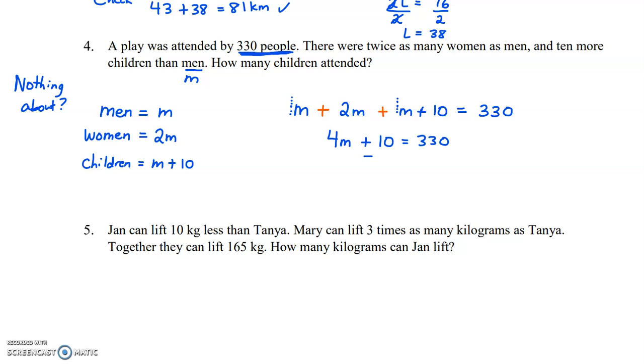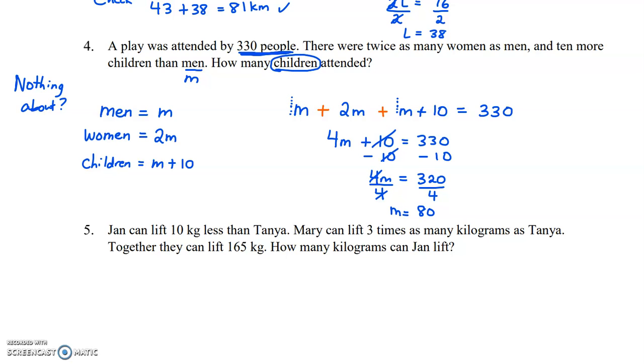We can subtract 10 from both sides, canceling, isolating the 4m. It's equal to 330 minus 10, which is 320. Divide by 4 on both sides to isolate m. M is equal to 80. Now the question asks about children.